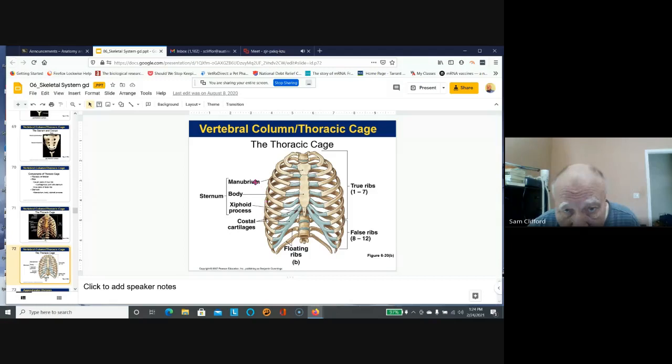Again, here are the parts of the sternum, and you should generally know the ribs. We won't talk about true ribs or false ribs too much. We just know that there is cartilage that connects the various ribs to the sternum.